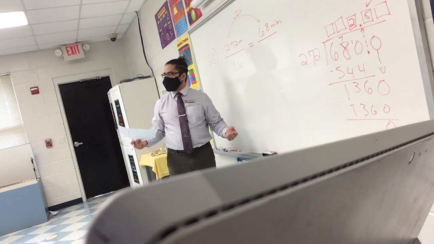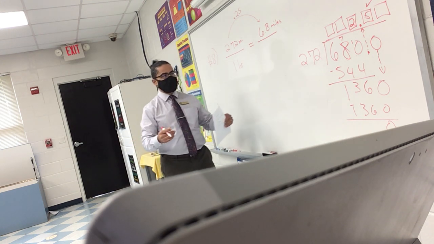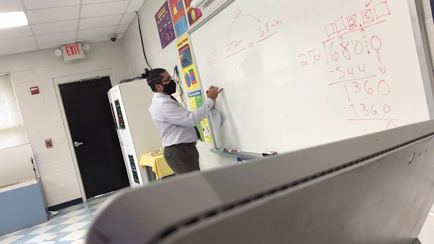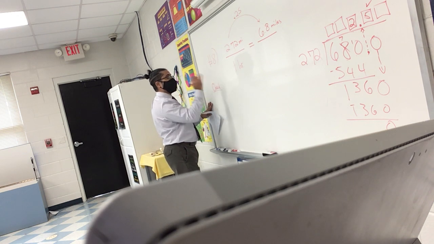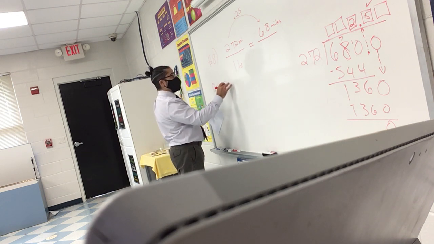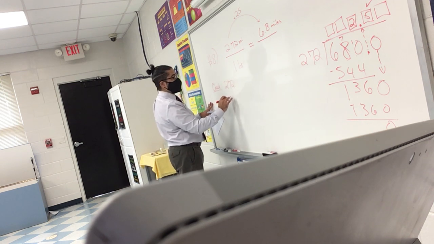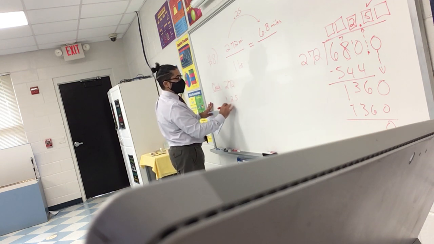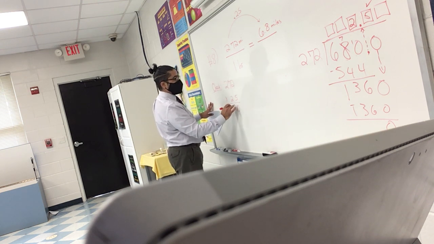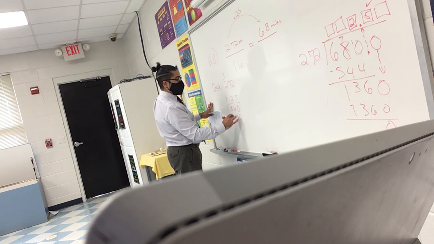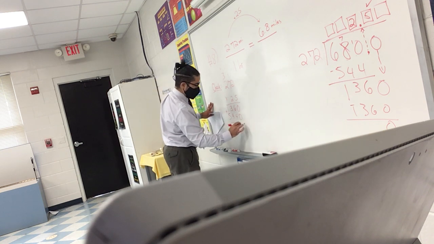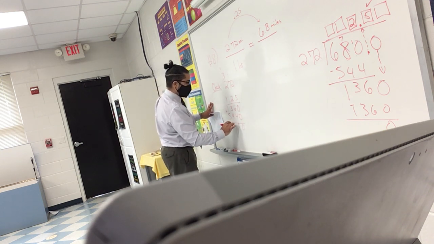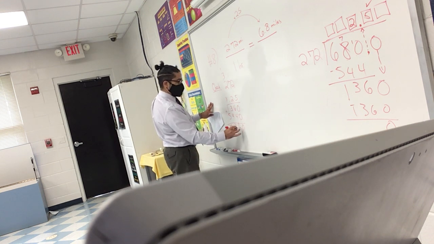Okay, let's do that again then. 272, I'll write it here, times 2.5. 10, 35, 36, 10, 11, 12, 13, 0, 4, 14, 4, 5, 0, 10, 7, 8, 6, 680.